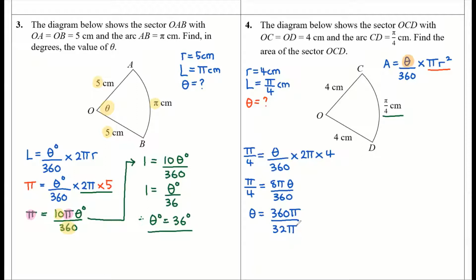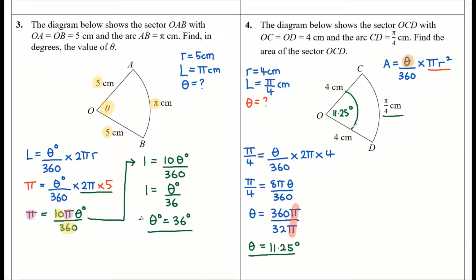So the pi's are obviously going to cancel, and then the 360 over 32 is going to simplify. And we are going to get theta is equal to 11.25 degrees. So we've got our theta. So this angle here is 11.25 degrees.